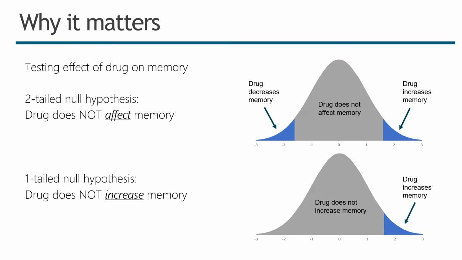And so there's just two categories, and the other category is there's just insufficient evidence to say that the drug increases memory. These two setups are not interchangeable. You have to pick which one of these you are testing for when you design your study. Changing it after the fact is inappropriate. They're not interchangeable.